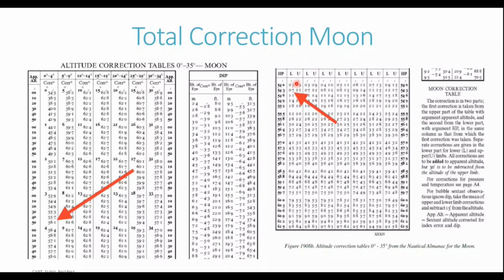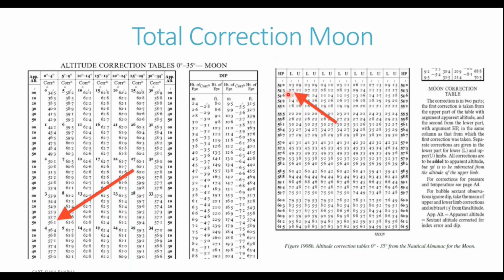Now, when you enter into the bottom part, you will see two sub-columns in every one column of the upper table. One is represented by L and another is represented by U. It stands for the lower limb and the upper limb of the moon. So depending upon whether the altitude is of the lower limb or the upper limb, you will enter into one particular part.